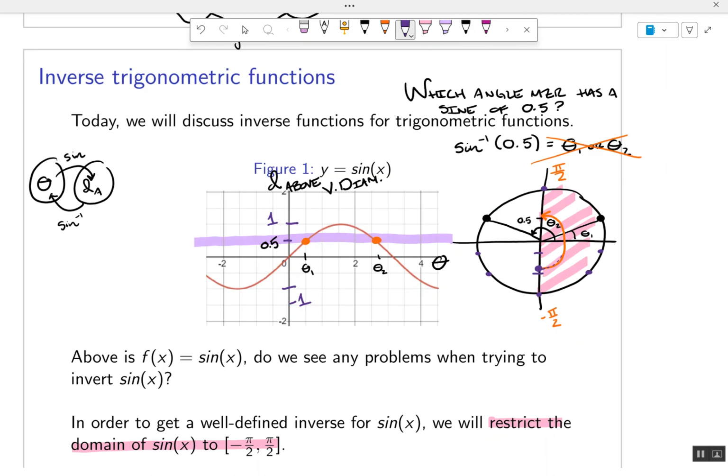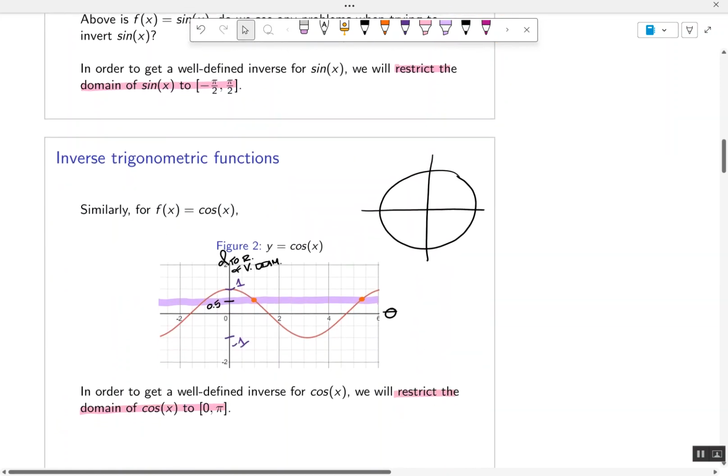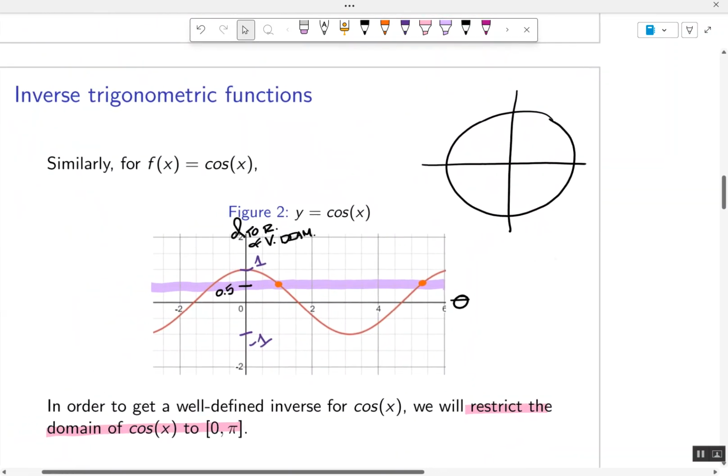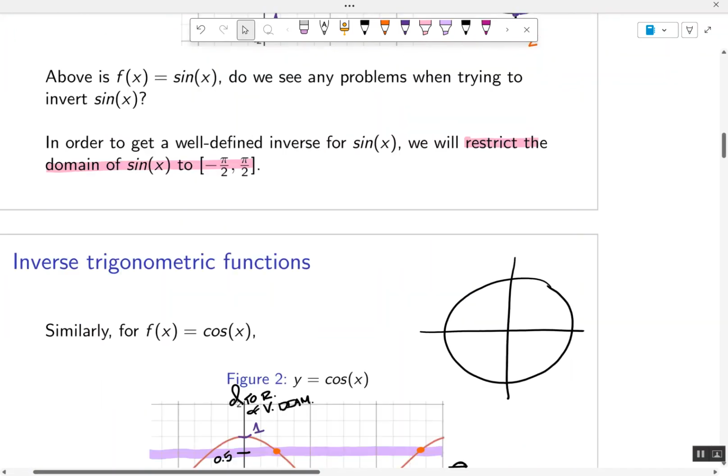This point right here has a y value of -1, and as we march along the circle, we go from -1 to 0, and then from 0 up to 1. So we restrict the domain of sine to -pi-halves to pi-halves.